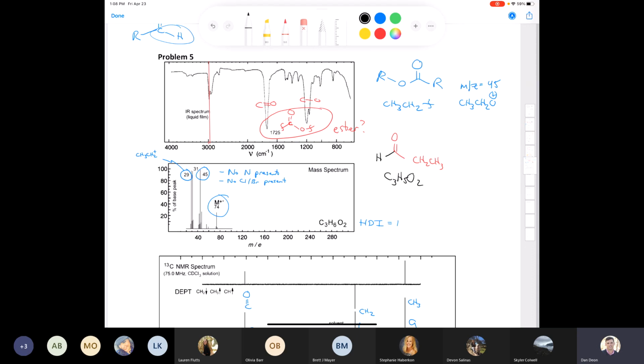That's not an aldehyde. That's an ester. If you have a hydrogen attached to a carbonyl and then you have an R group, that's an aldehyde. If you have an oxygen, then an R group, that's still an ester. It's called a formate ester. But it's still an ester. So I'm going to propose this before we even look at the proton.